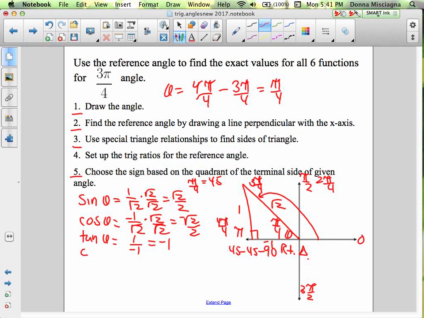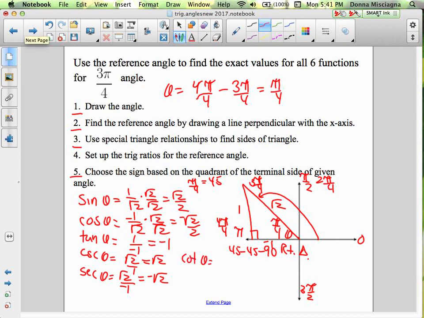Cosecant theta is the inverse of sine, so that's going to be the square root of 2 over 1, and that's just the square root of 2. Secant theta is the inverse of cosine. It's going to be almost the same thing, square root of 2, but this time it's going to be divided by negative 1 because it uses the adjacent side, hypotenuse over adjacent. So that's going to be negative square root of 2. And finally, cotangent is the inverse of tangent.